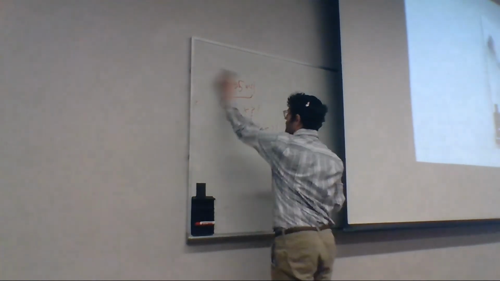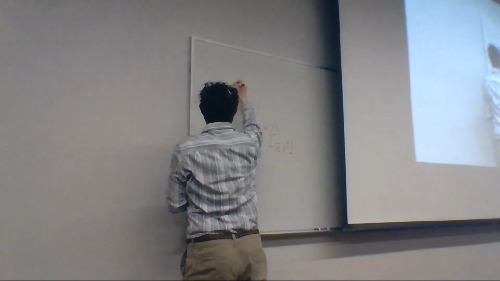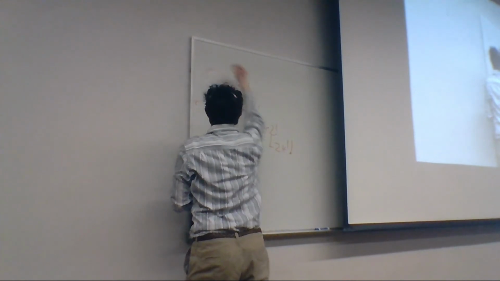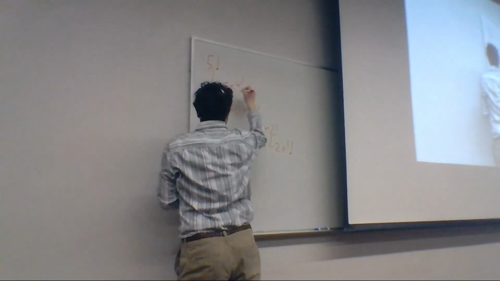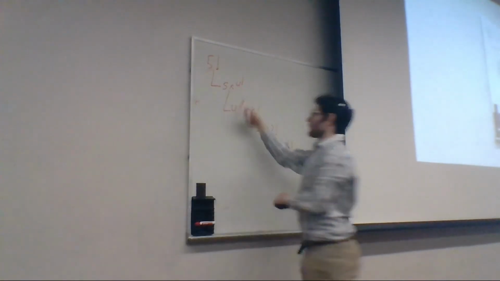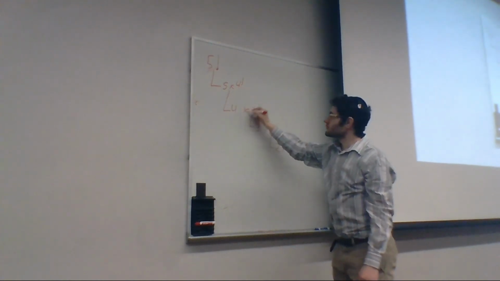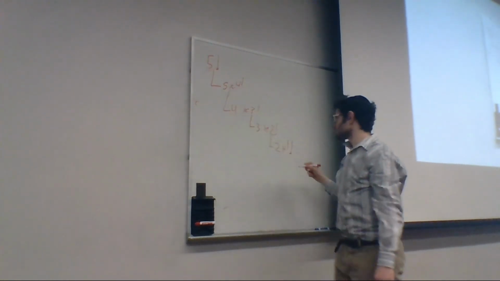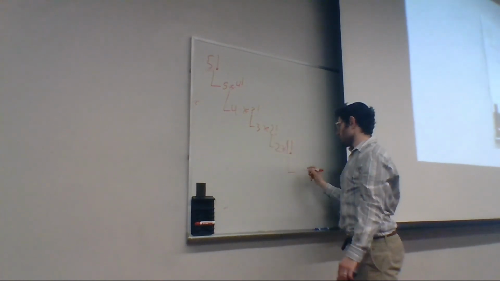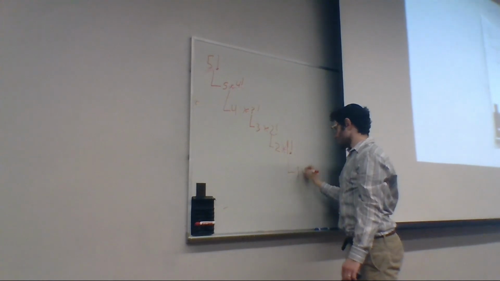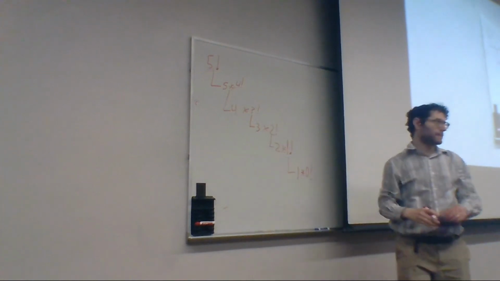Let me actually do this properly here. So 5 factorial calls 5 times 4 factorial, which calls 4 times 3 factorial, 3 times 2 factorial, 2 times 1 factorial, and then 1 times 0 factorial, right?